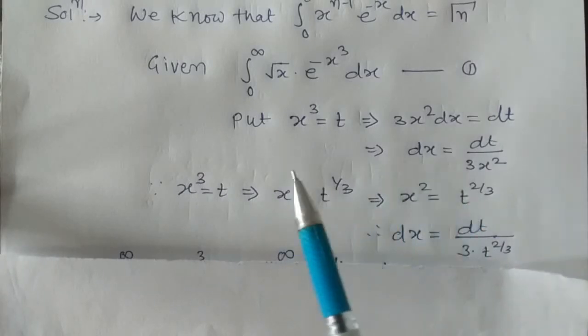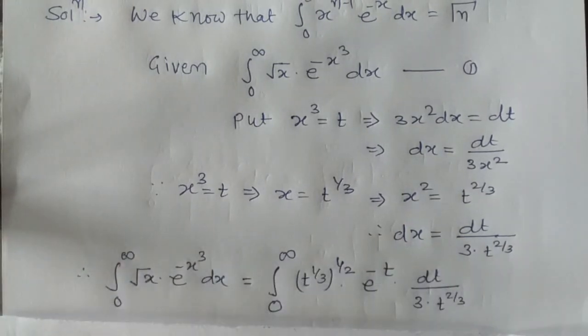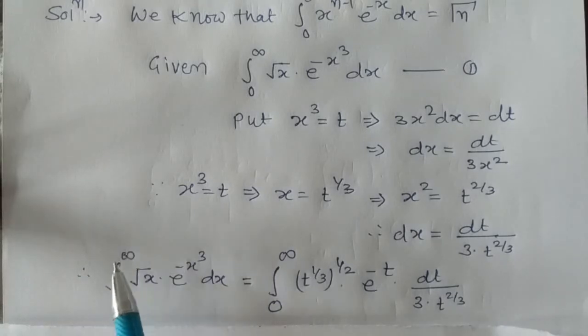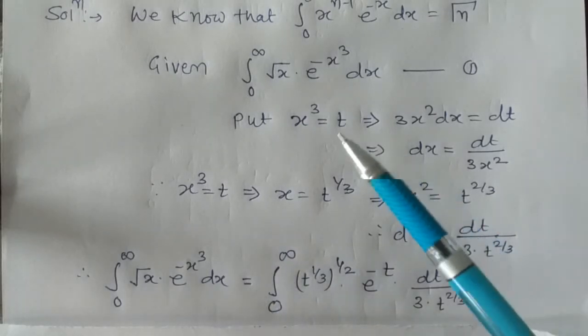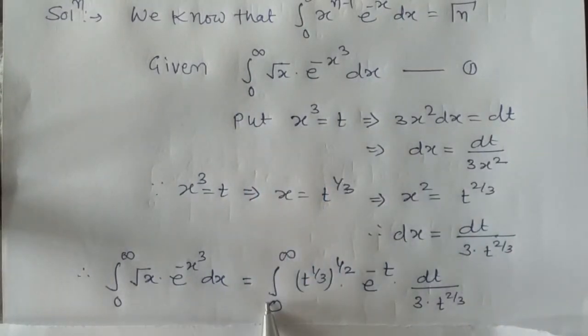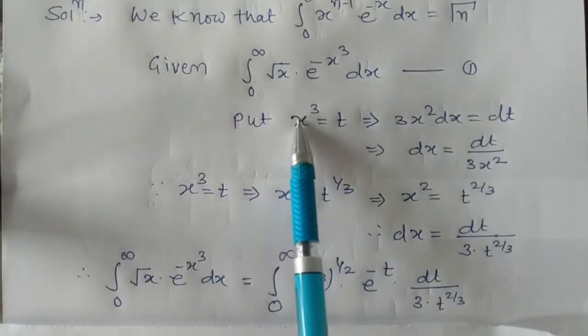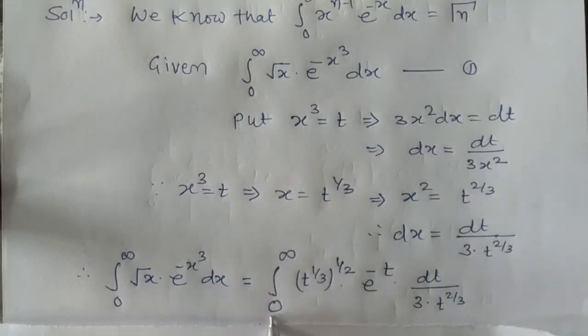Now substitute all these transformations in the given integral. We get the integral from 0 to infinity of root x into e raised to minus x cube dx equal to the integral where the lower limit of x, 0, gives the lower limit of t as 0, and the upper limit of x, infinity, gives the upper limit of t as infinity. So the limits of the integral stay 0 to infinity.